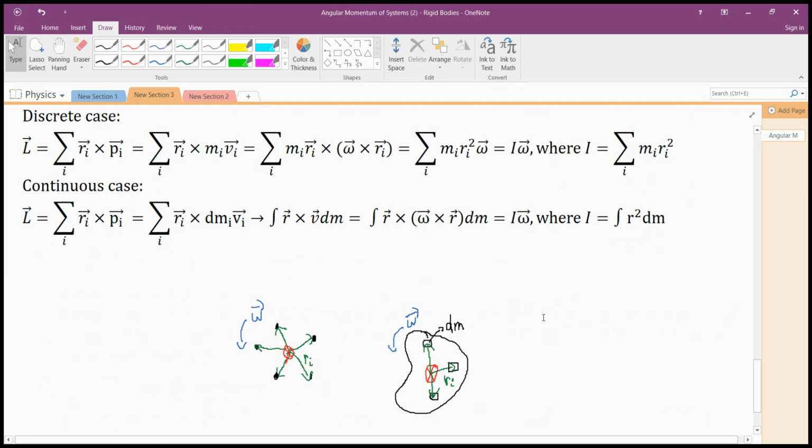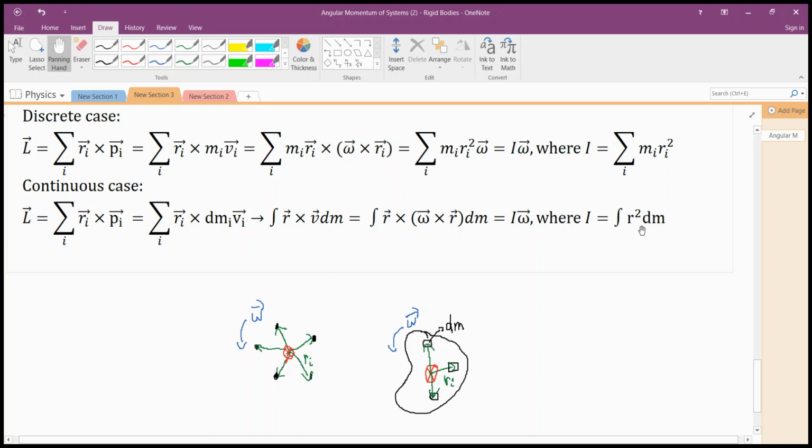And then, making use of our other assumptions about the axis being fixed in location, direction, and the symmetry axis assumption, we can reduce the discrete sum to I omega, where I is the sum of m_i r_i squared, and to I omega, again, where I is now the integral of r squared dm.